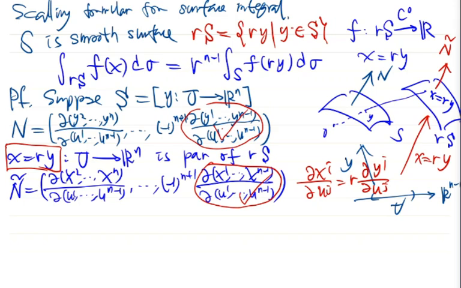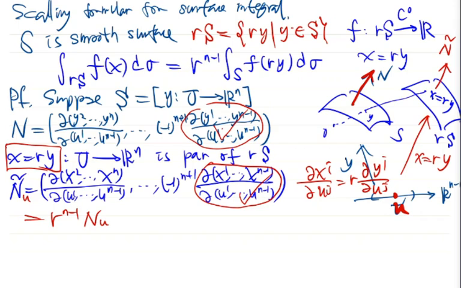This is important. At the same u, n tilde at the point u is r^(n-1) times n evaluated at the point u. Okay? Given the u here, the corresponding n is here, the corresponding n tilde is here, then n tilde is r^(n-1) n(u). This is the relation between these two normal vectors.